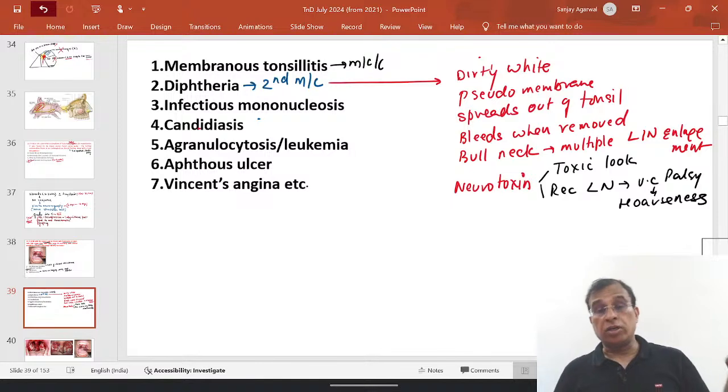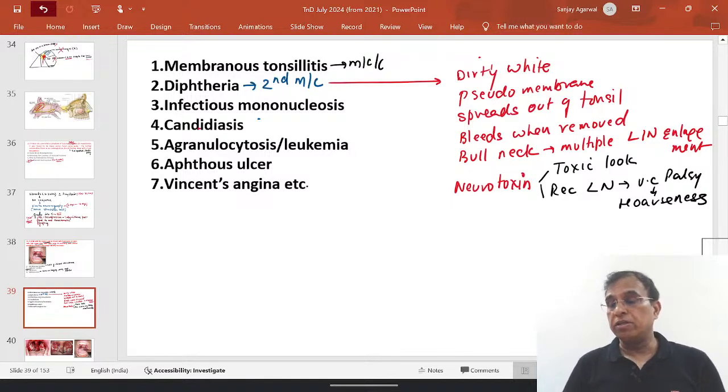So that is why there is hoarseness of voice in the question, because the recurrent laryngeal nerve which supplies the vocal cord is involved by a neurotoxin produced by diphtheria, right?